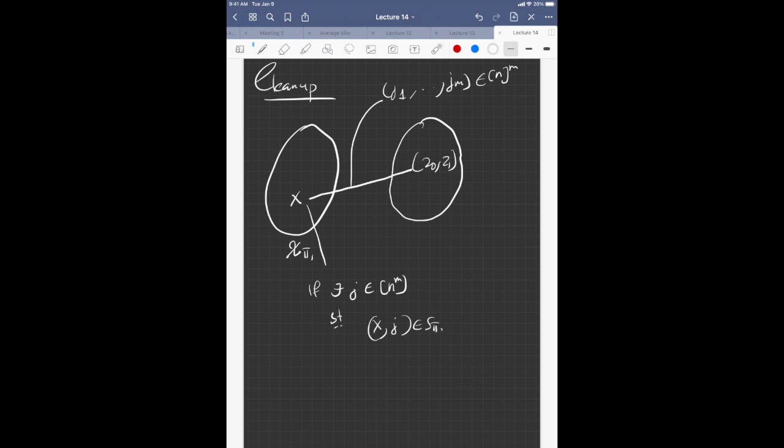So for example, X had like two potential neighbors, 1 2 3 and 1 1 3. So in this new kind of complicated universal relation, we are not only giving X, but we are also giving this vector.